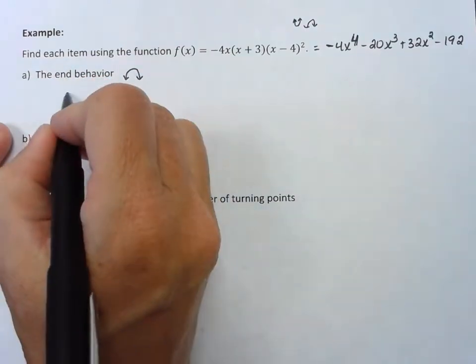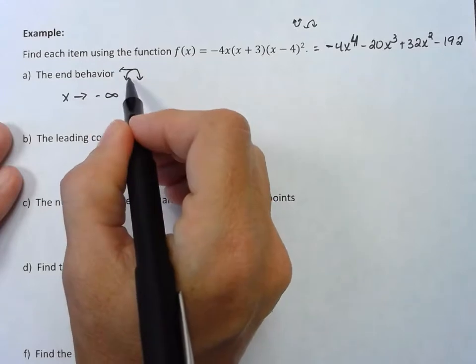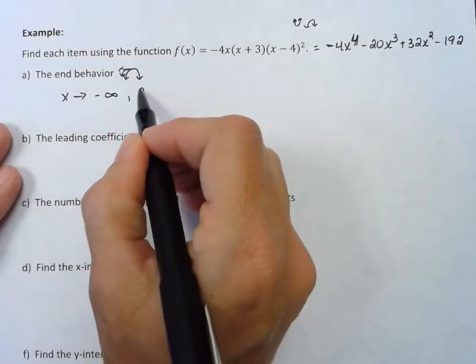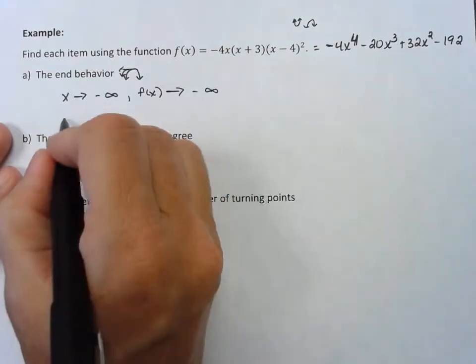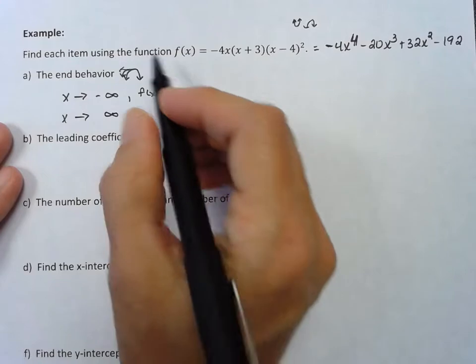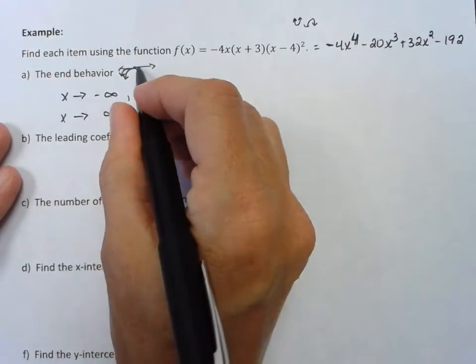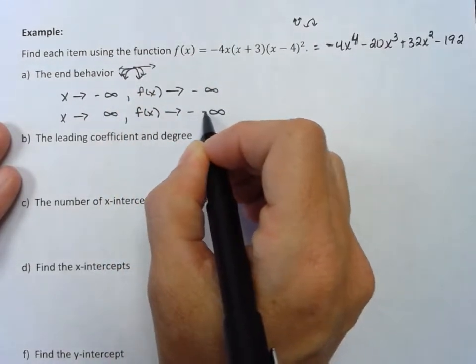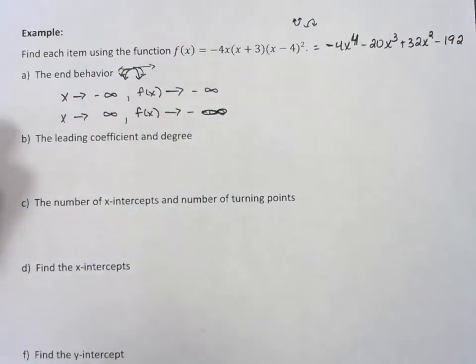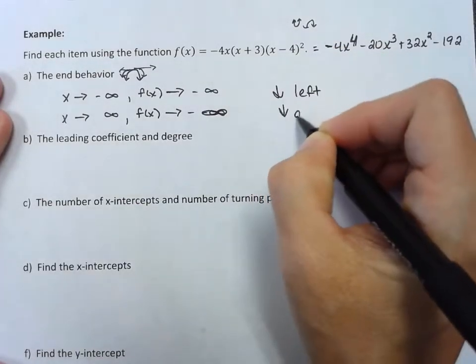That means as x goes to negative infinity, y goes to negative infinity. How about when x goes the other direction? When x goes to positive infinity, what does y do? Y also goes to negative infinity again. I did not mean to put two negatives there. There we go. So that's your end behavior. You can also say down on the left, down on the right.